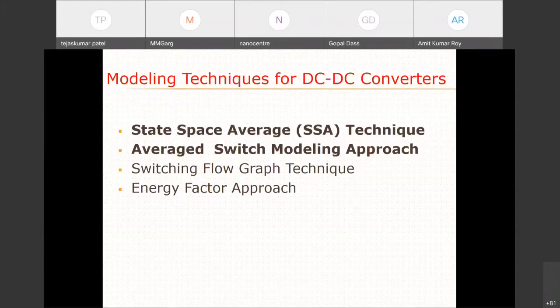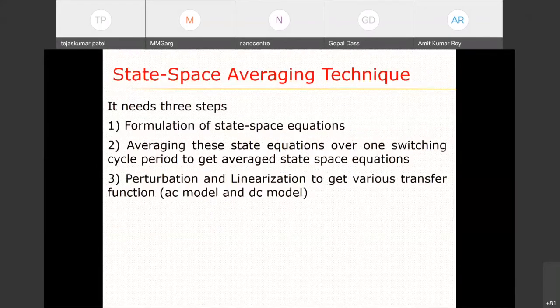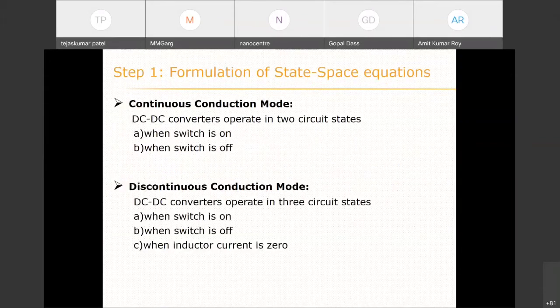If that controller succeeds on that prototype hardware model, then we get confident that the same thing may work on our scaled system as well. So that's why we go for modeling. There are various techniques for mathematical modeling of converters. We'll be talking about these two: the state space averaging technique and the average switch model approach.